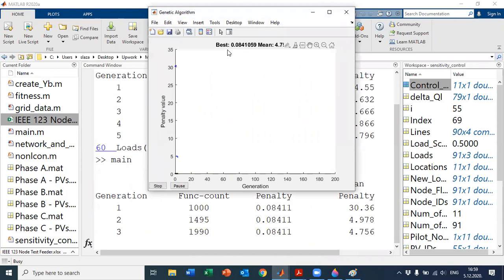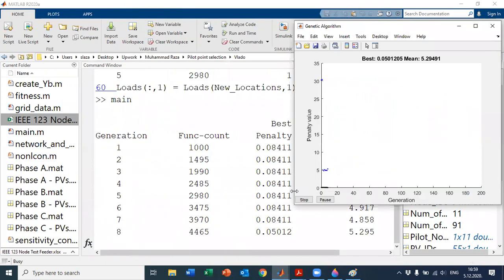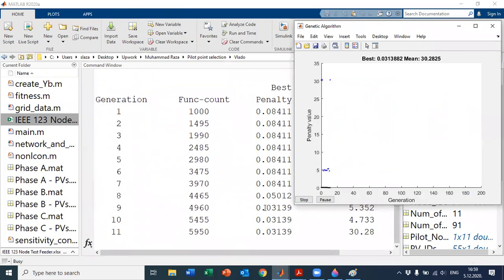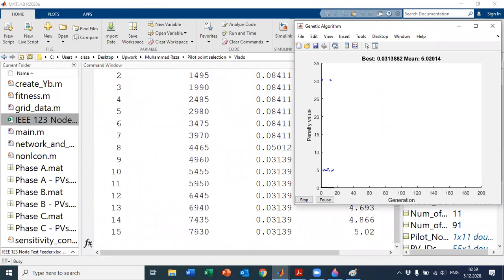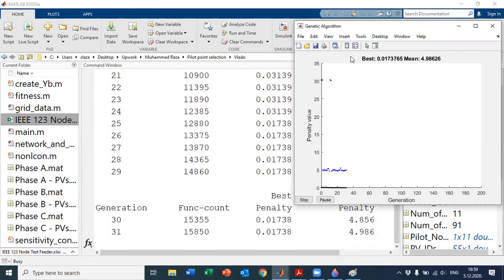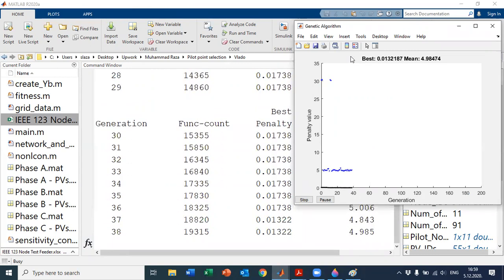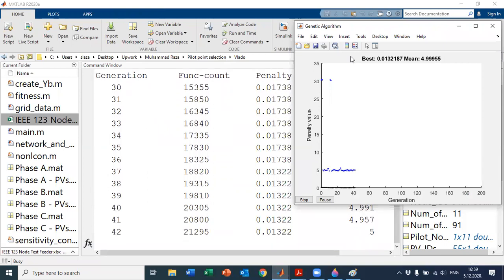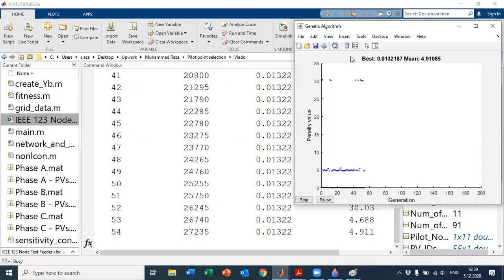The algorithm starts running, and you can see that in our case it already found a nice value of the reactive power changes. It converges pretty fast because the search space is discrete. We have a search space which only has combinations, with discrete values of the nodes which can be selected as pilot nodes.